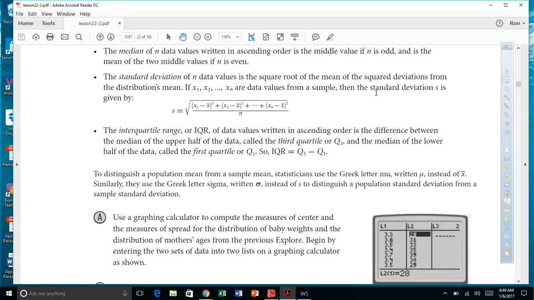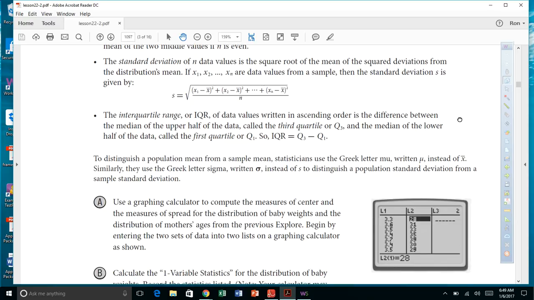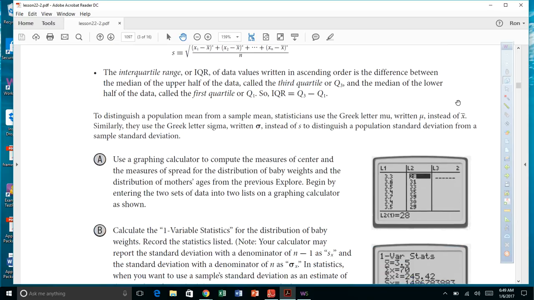The interquartile range, or IQR, of data values written in ascending order is the difference between the median of the upper half of the data, called the third quartile, or Q3, and the median of the lower half of the data, called the first quartile, or Q1. So IQR equals Q3 minus Q1.